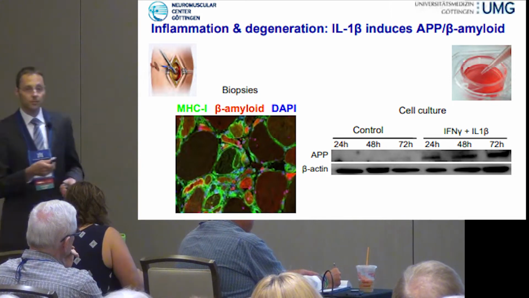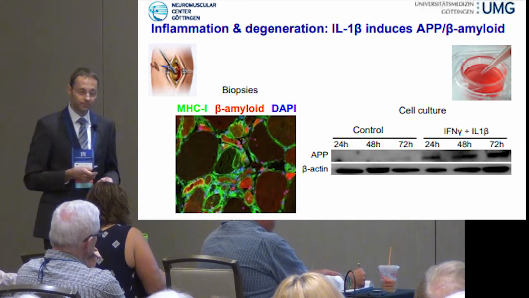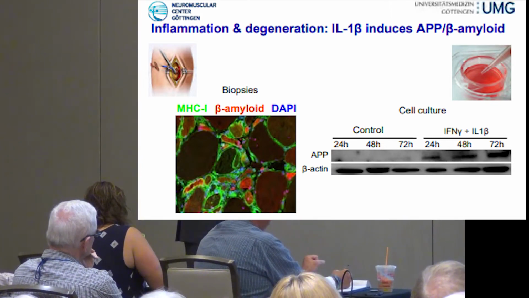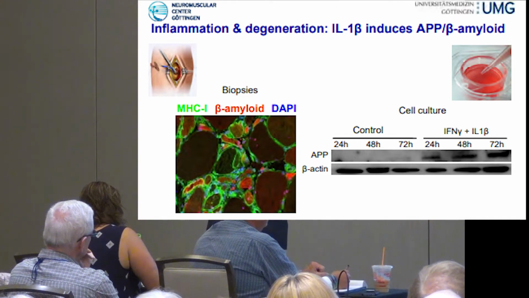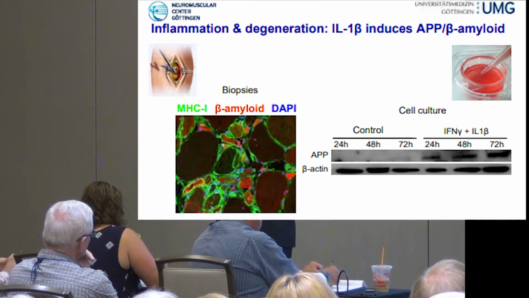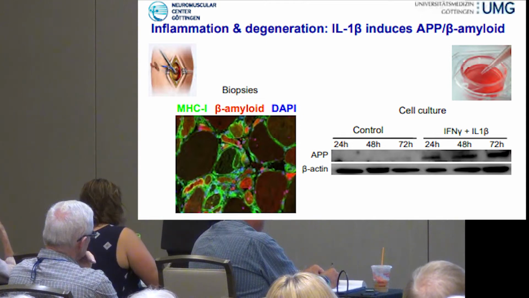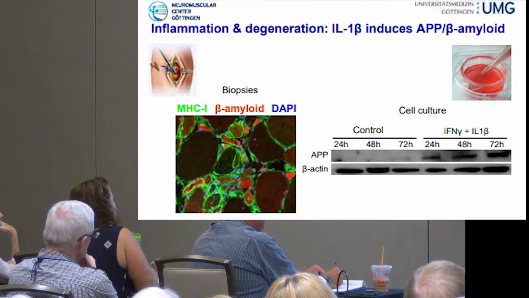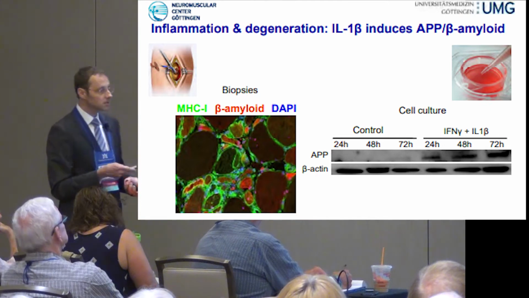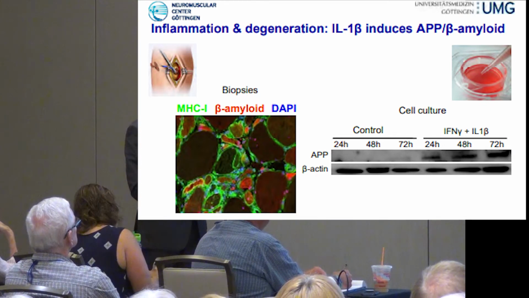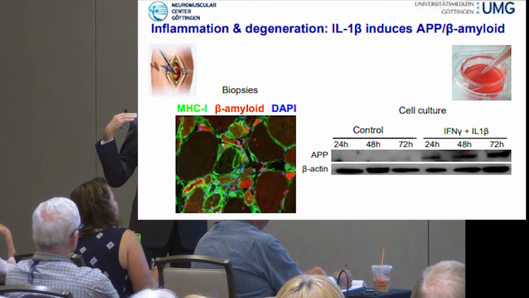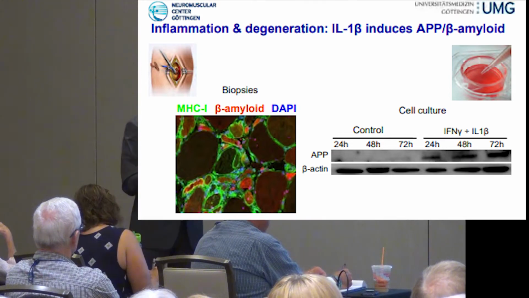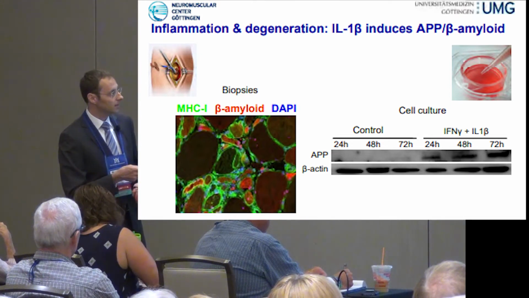And we developed a cell culture model in which we exposed the muscle cells to inflammatory cytokines, most of all interferon gamma and IL-1 beta in combination. And this has been reproduced now in the meantime by several other groups, and this is considered to be a very robust and good way of mimicking chronic inflammatory cell stress in the cell culture dish.